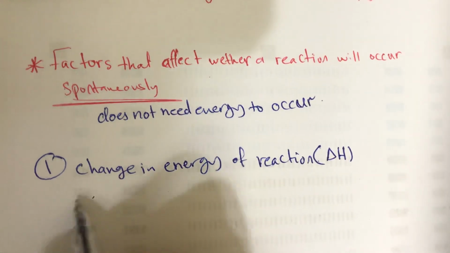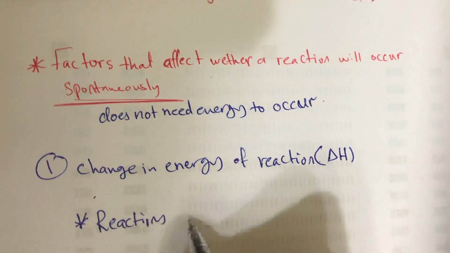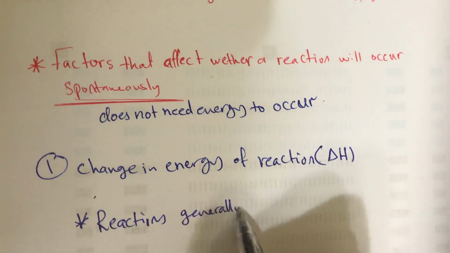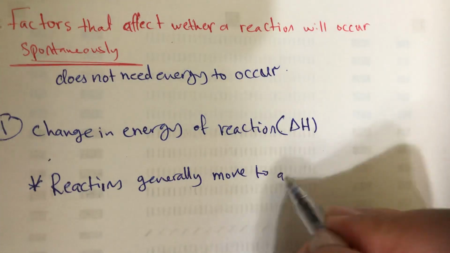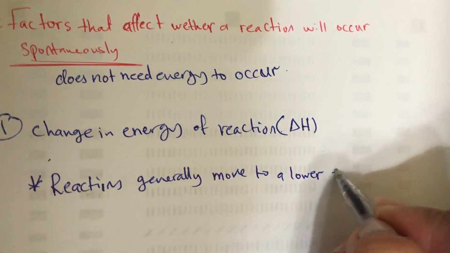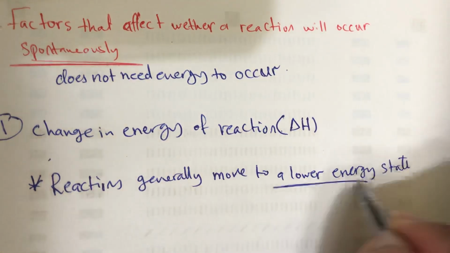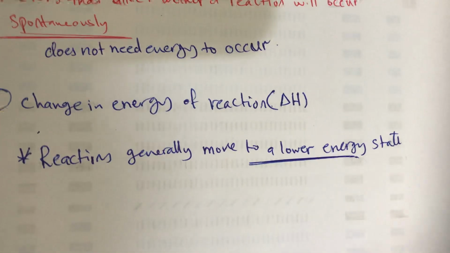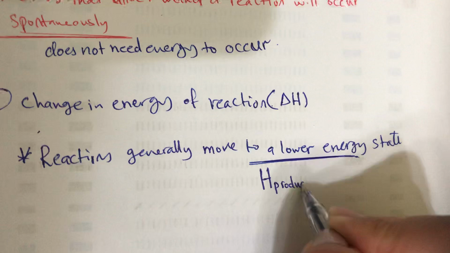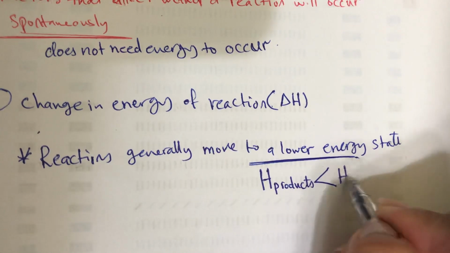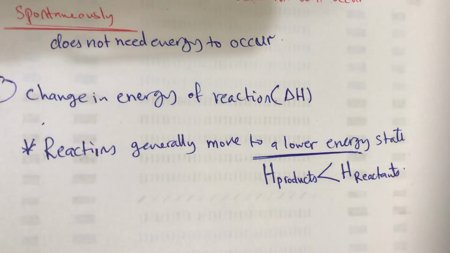So the rule is reactions generally move to a lower energy state. So here, the energy of products is less than the energy of reactants.